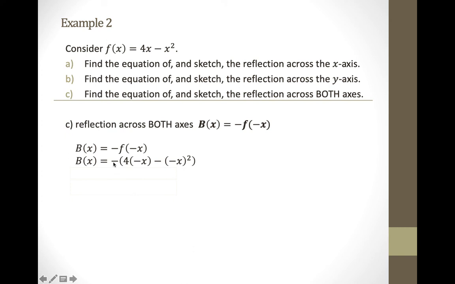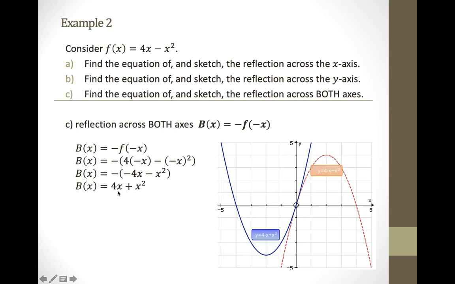So we will end up with 4x plus x squared. Factorizing that, the x out the front, then have 4 plus x, so the roots would be at 0 and negative 4. There they are, 0 and negative 4, and that's what we surmised was going to happen graphically before we even began.